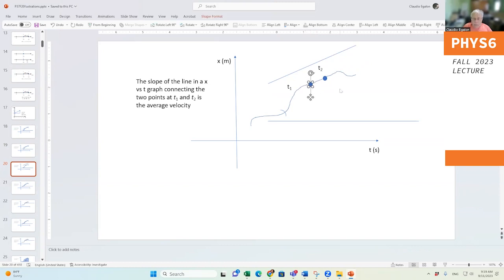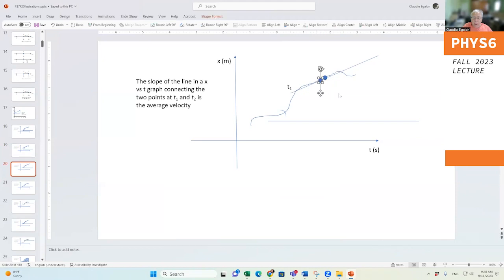You have to make those 2 points very close to each other, to the point where the delta t is going to be 0. You're not going to do something like that in the exam, okay? In the exam, you're going to do something else.